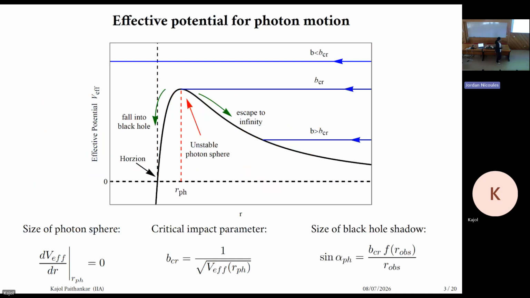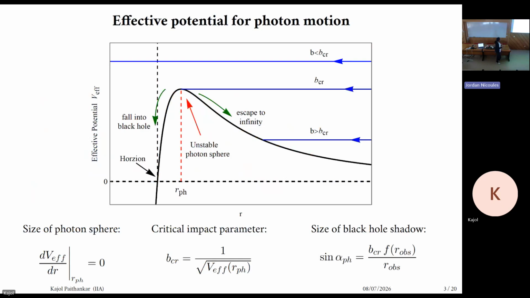The potential looks something like this. Here you can easily see that B is the critical quantity, because B is the impact parameter of the photon, which is constant for each photon, depending on its energy and its angular momentum. If the photon has an impact parameter less than the critical value, there is no barrier to stop it, and it will fall directly inside the black hole horizon.